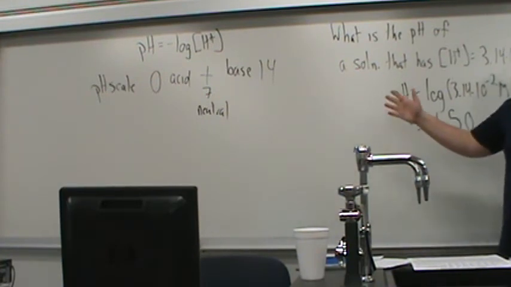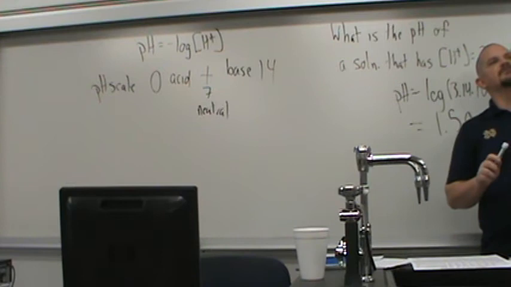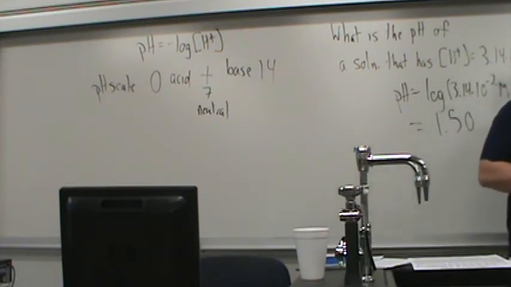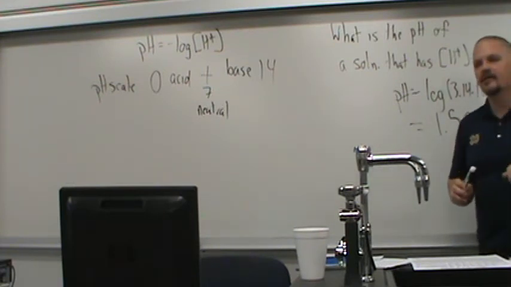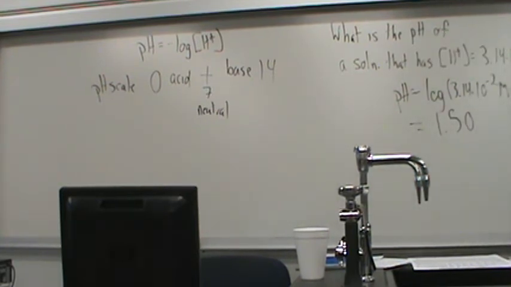So, do we need to do another example? We kind of see how this works out. Good to go? Now, what if we wanted to figure out what is the hydrogen ion concentration when we're given the pH? Well, look at your calculator. Look at the log button. What's right above the log button? 10 to the x?